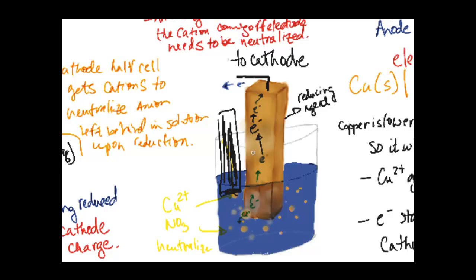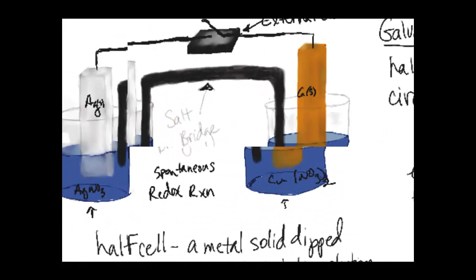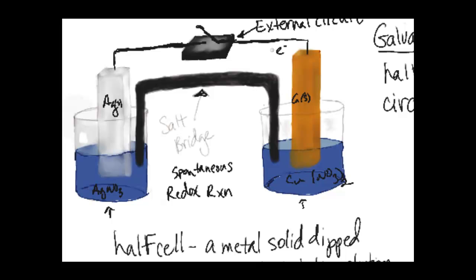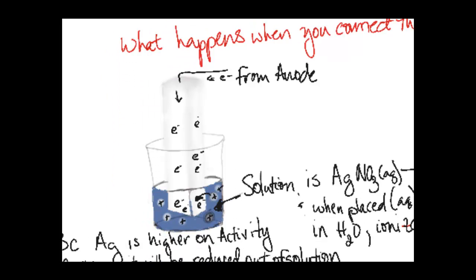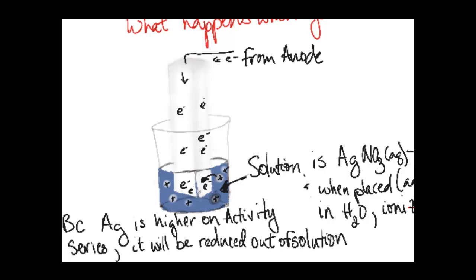Okay, and then these electrons go across this circuit here that's connected, and electrons will go that way, going from anode to cathode. I just drew the anode on the left. It doesn't matter which order you draw them in. And once they get over here on this side, this is what happens. You end up with the electrons coming onto the bar, right? And the silver nitrate, that's the solution.